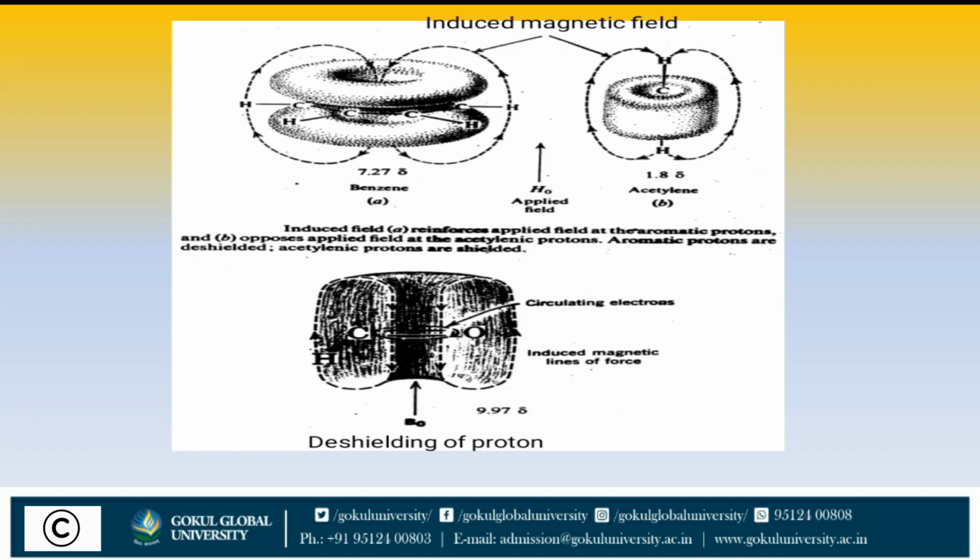Here we show that the induced magnetic field is reinforced or opposed to the applied magnetic field and produces deshielded and shielded protons. The induced magnetic field is shown for benzene and acetylene as examples.